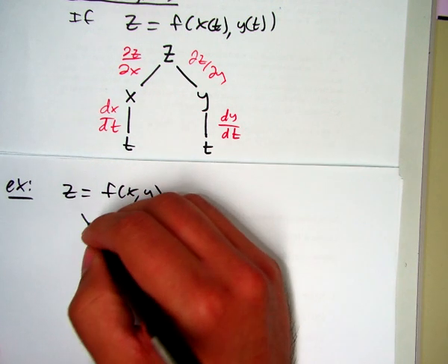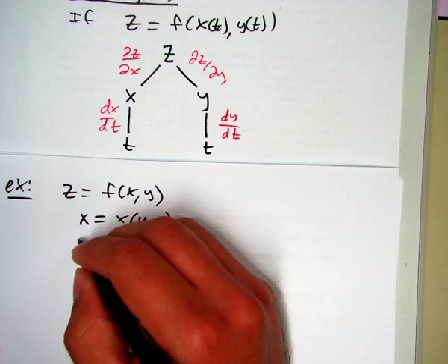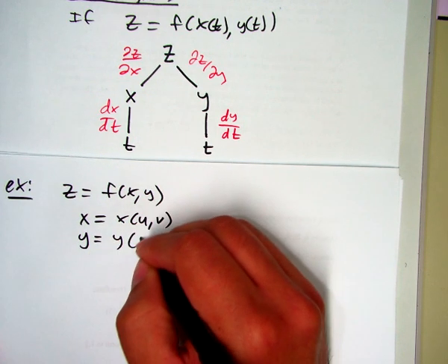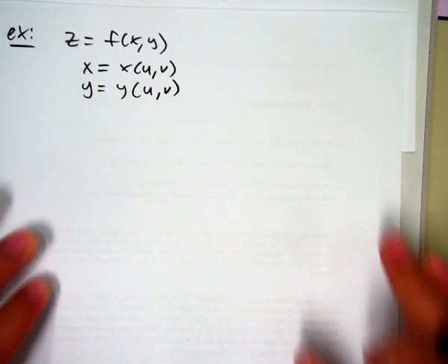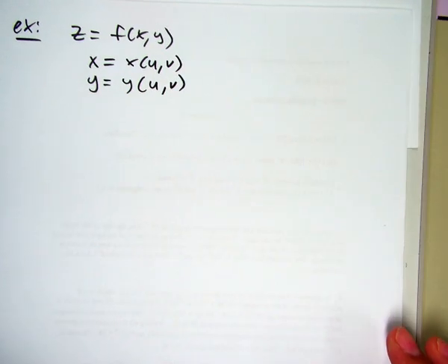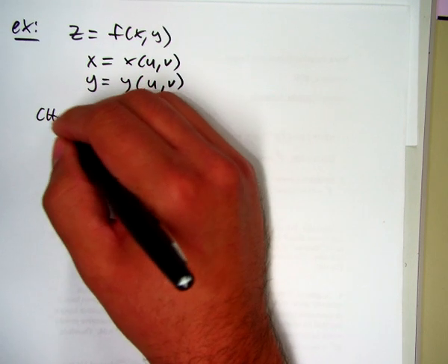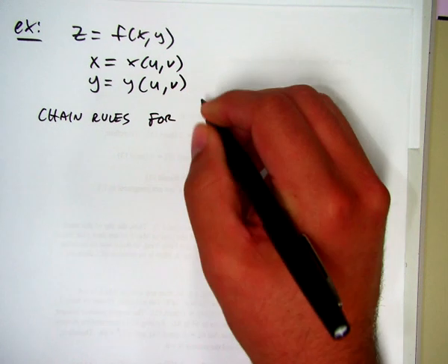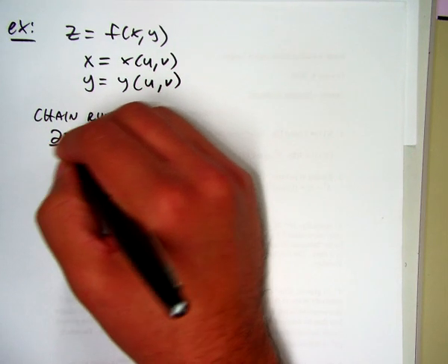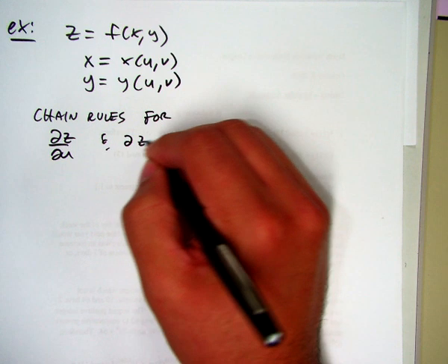And now x is defined also in two variables, u and v, and so is y. What are the chain rules for partial z, partial u and partial z, partial v?